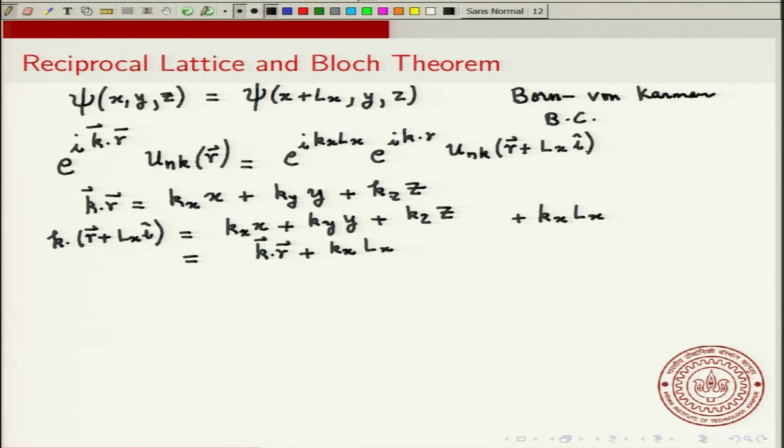Now, remember we chose our Lx to be nx a. This implies that Lx times i is equal to nx times a i. And so it is just a times i multiplied by nx. So, this is a vector of the Bravais lattice.